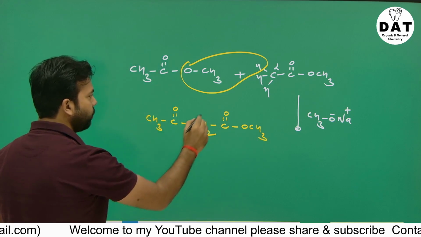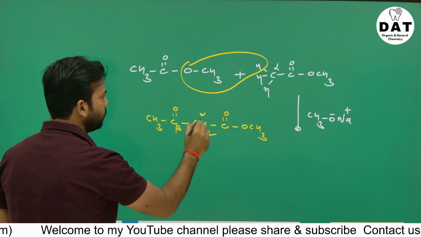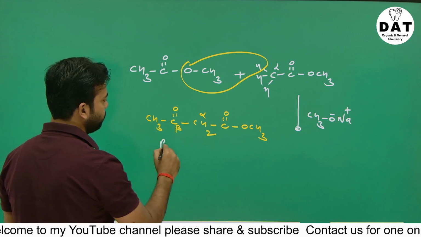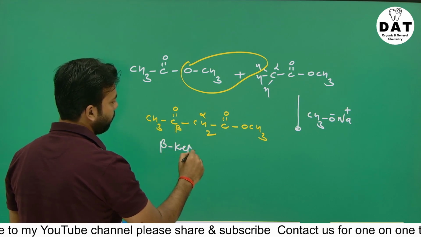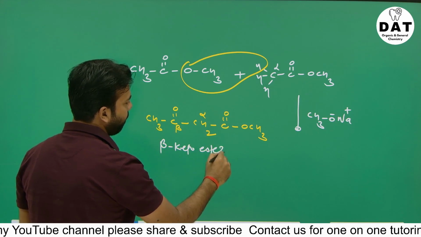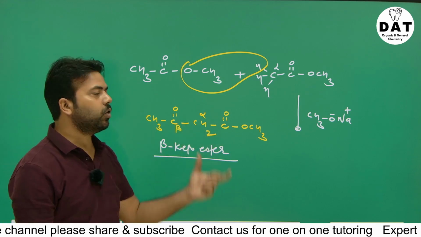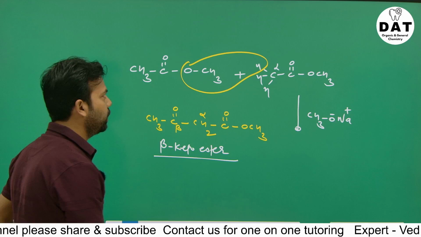So this is my alpha, this is my beta. So the product is a beta ketoester. Clear? So this is the trick of self-Claisen condensation.